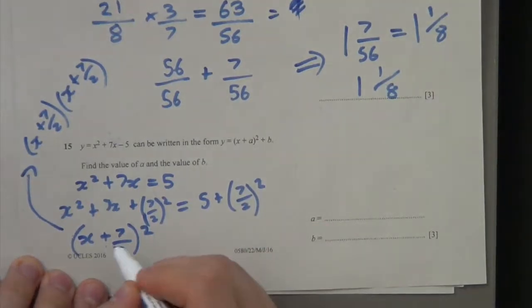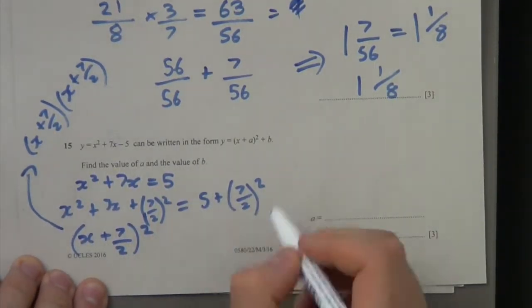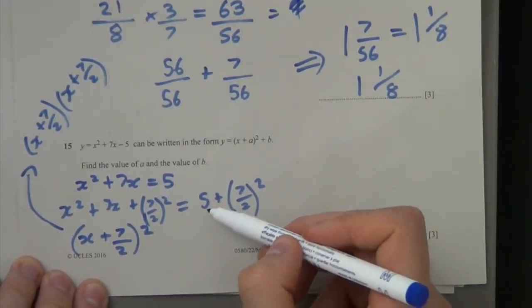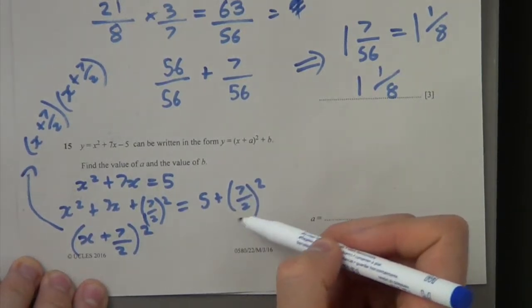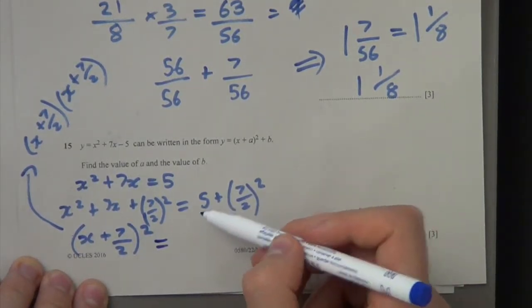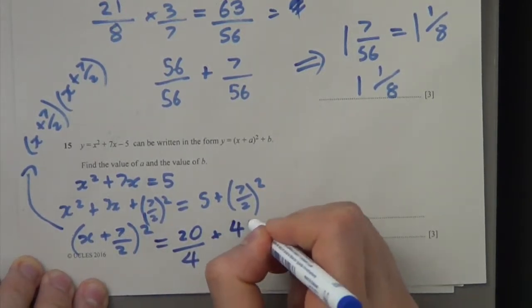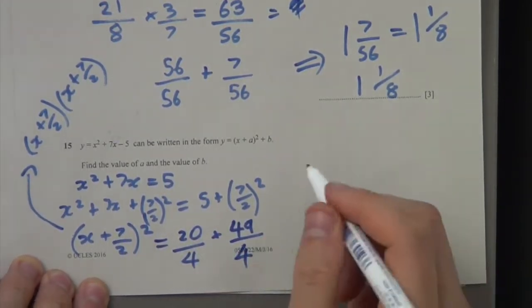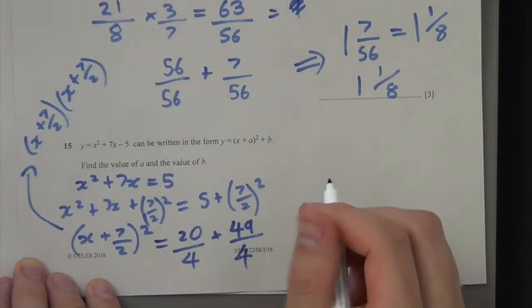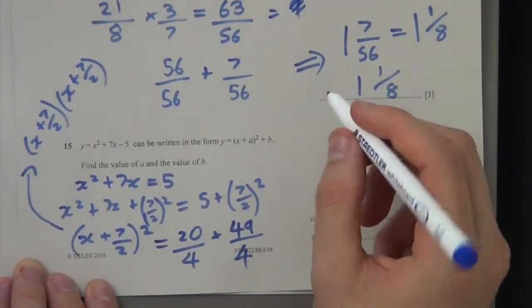So this is equal to 5 plus 49 over 4. I'm going to write 5 as 20 over 4 plus 49 over 4, add them together, and that gives me 69 over 4.